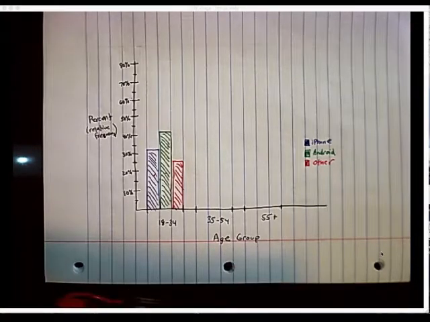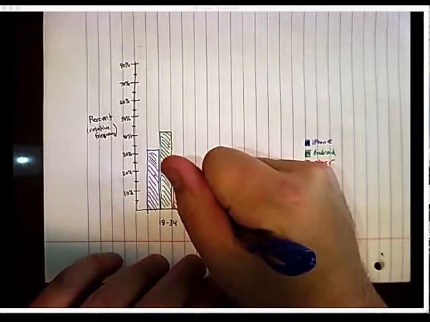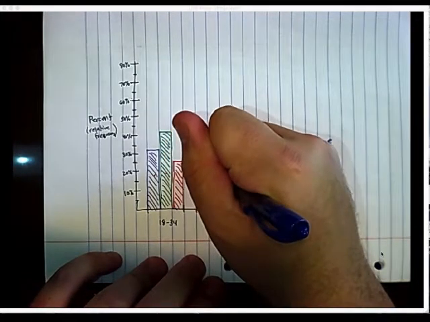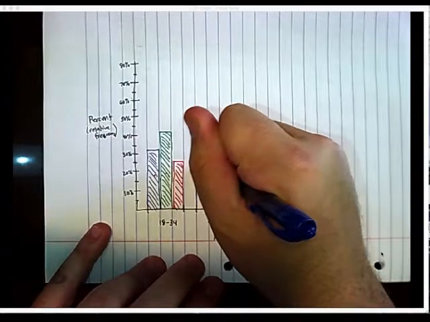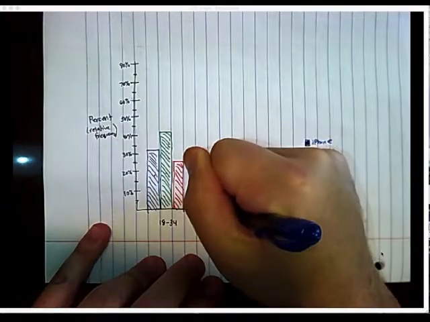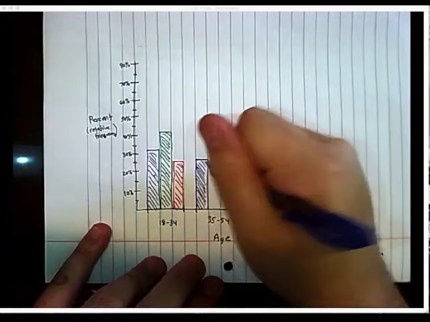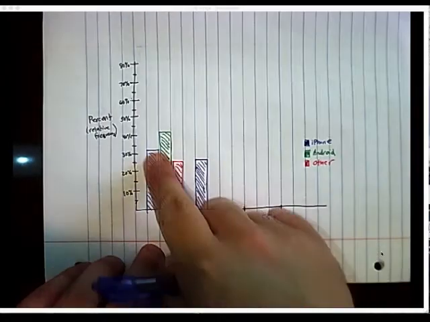Now, in the next one, the 35 to 54 age group, 26.84 use an iPhone, and I'm going to do iPhone in blue. So maybe that's about 26.84. It's a lot easier to do it by percents because then we're comparing apples to apples. The blue bar here is smaller than the blue bar here.